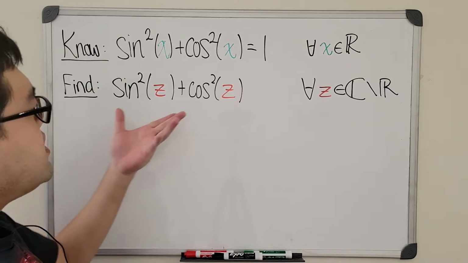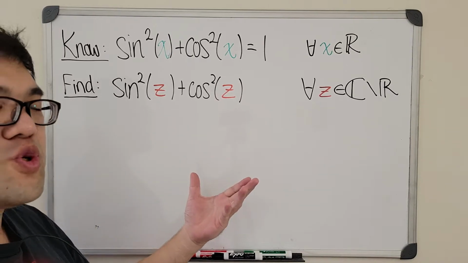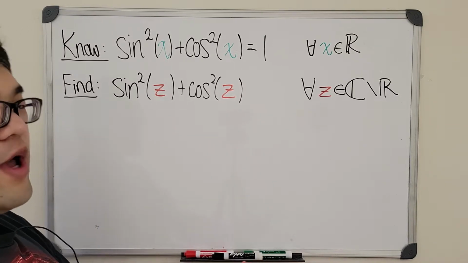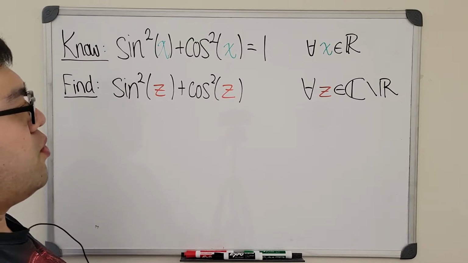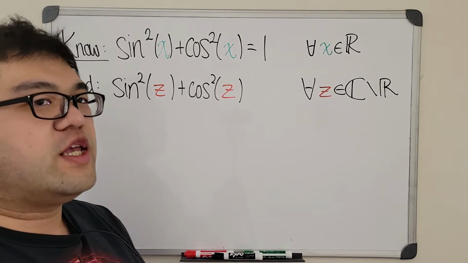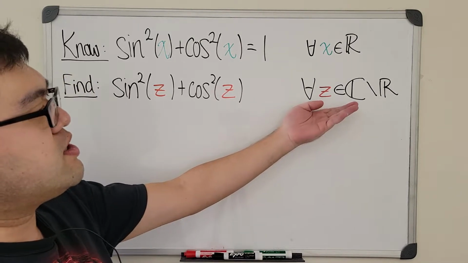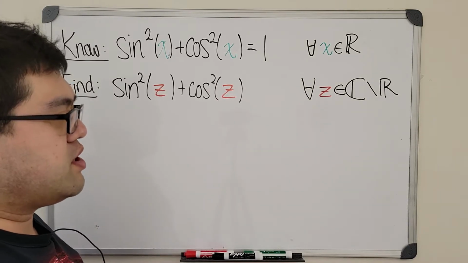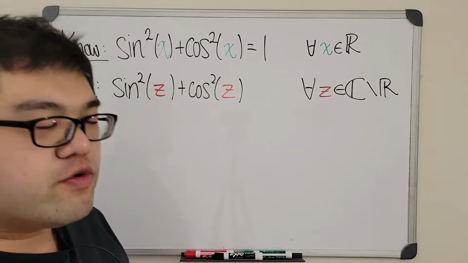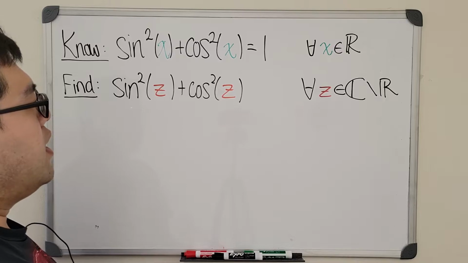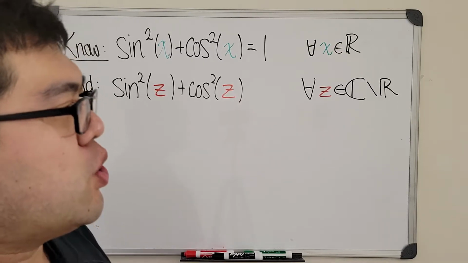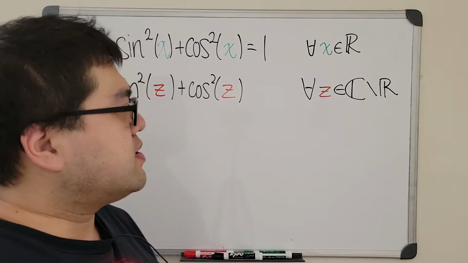So this time, let's try to find out what happens if we try to extend the variable x into z, where z could be any complex number. And in this case, we will just need to focus on any non-real number, such as i or 1 plus 2i, something like that.